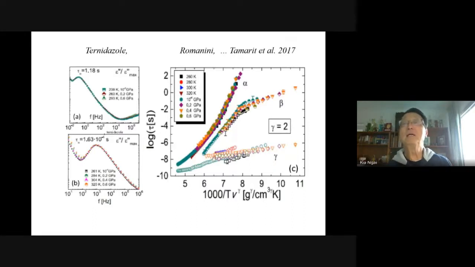Having that done, you see that they all collapse, alpha and beta, with the same gamma equal to 2 in this case. Meanwhile, see the so-called fast gamma relaxation does not superpose whatsoever. So you can see the difference between JG beta and gamma.